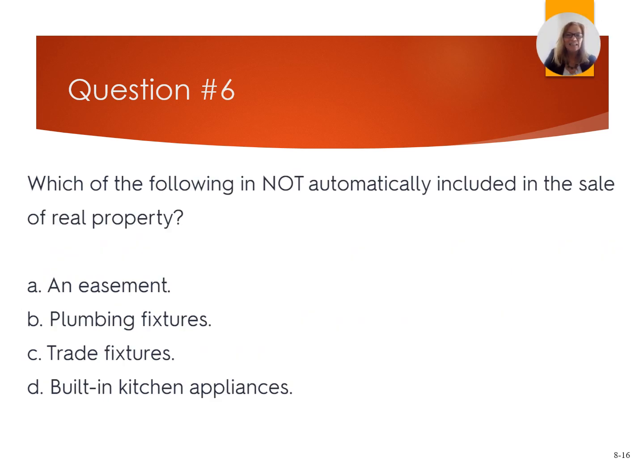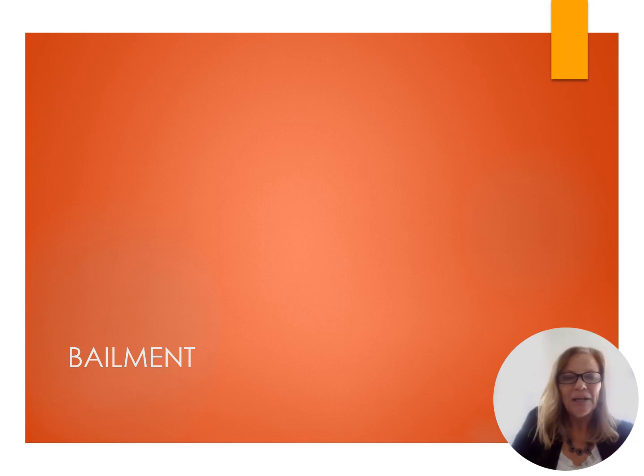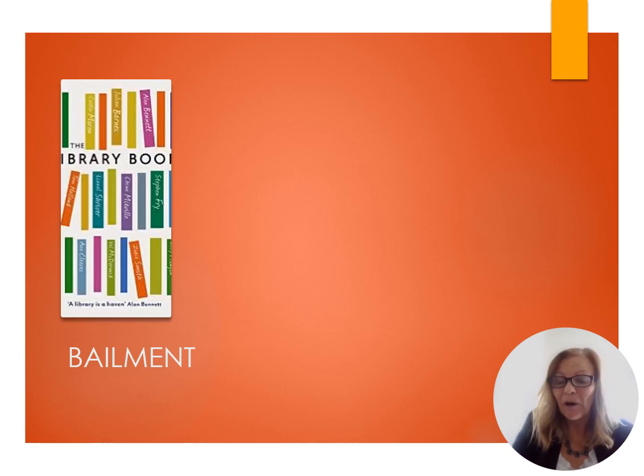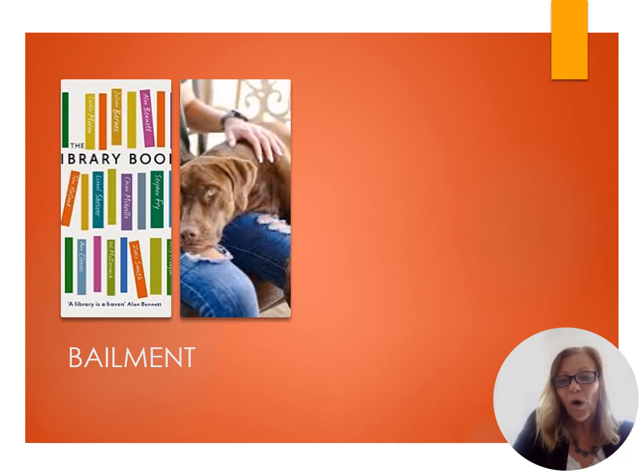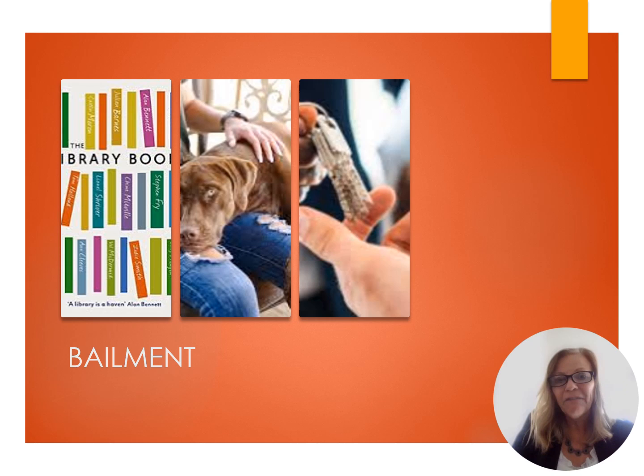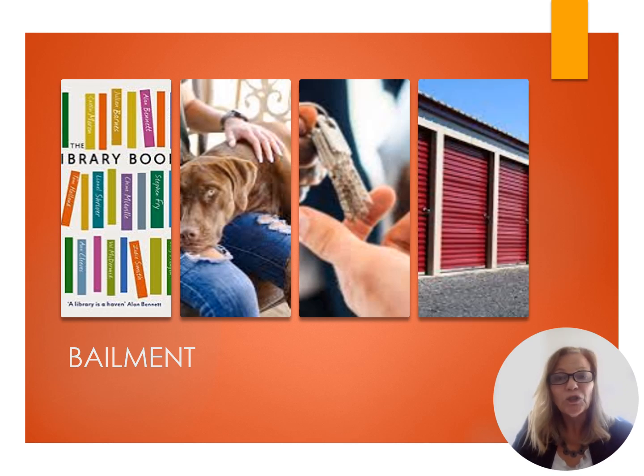All right. Now we're going to talk about bailments. You all have entered many bailments and you probably didn't even know it. If you have ever borrowed a book from a library or from someone, watched someone's dog, or had someone watch your dog or animal, if you've ever valet parked or stored your stuff in a storage building, these are all forms of bailments.